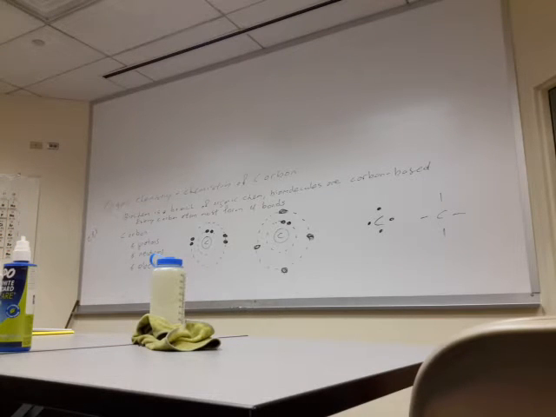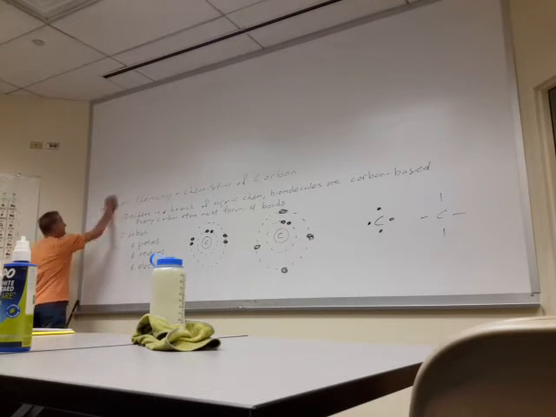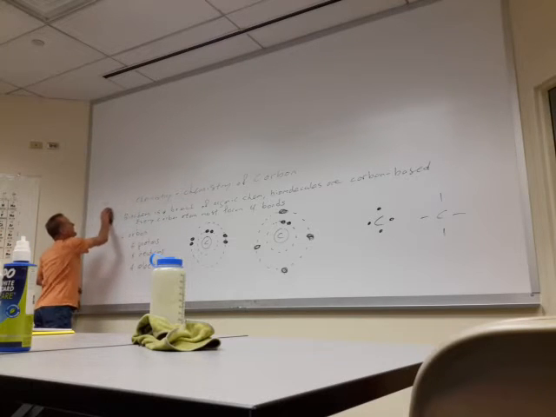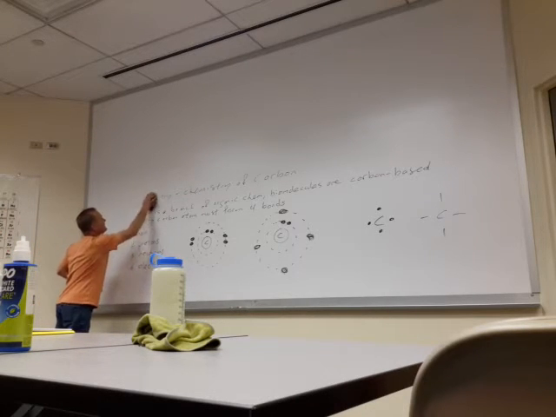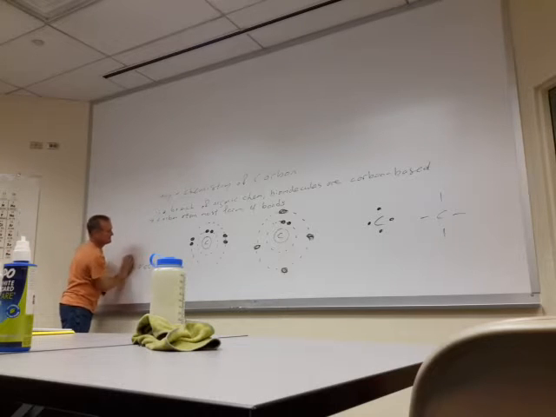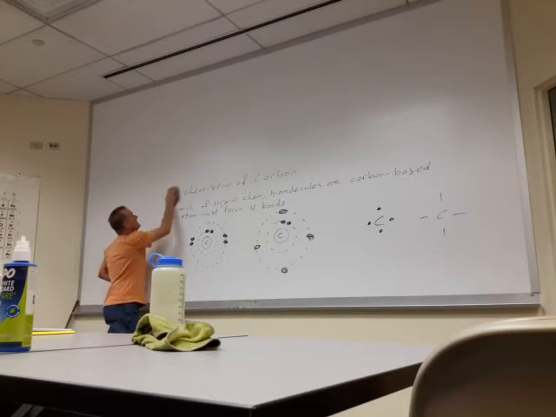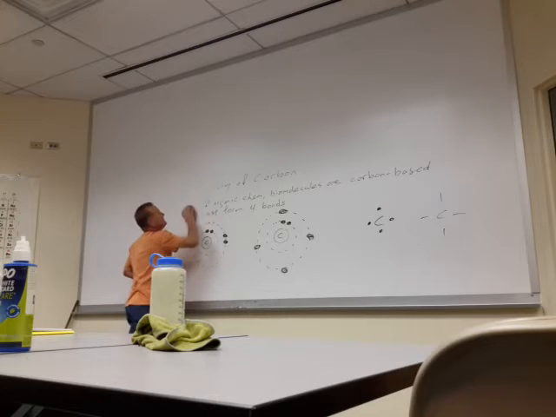Now, a carbon can bond to lots of things, including itself. In fact, it loves to bond to itself. It's what sand is. It's what diamond is. It's what graphite is.